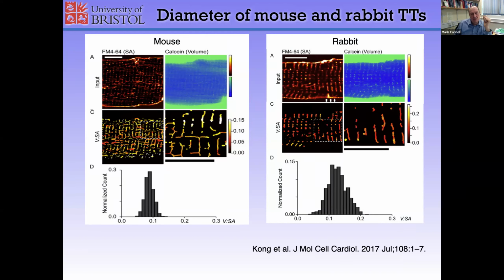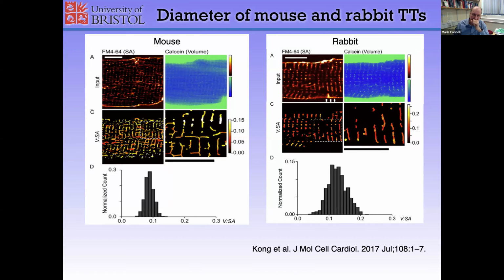What you can do is stain the surface membrane of the cell with a suitable membrane marker, here FM4-64, and you can also fill the interior of the tubules with a marker, here calcein. So what you can see there is a measure of the surface membrane of the cell and the interior volume of the cell. And so the ratio of volume to surface area must be related to the size of the underlying structure.